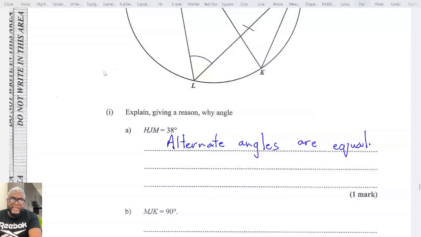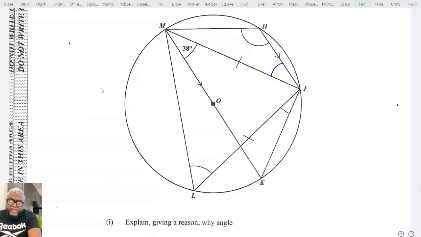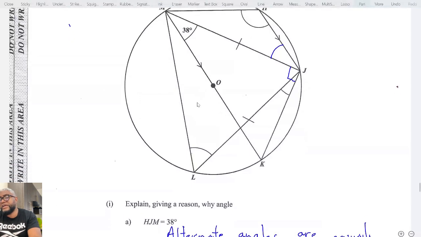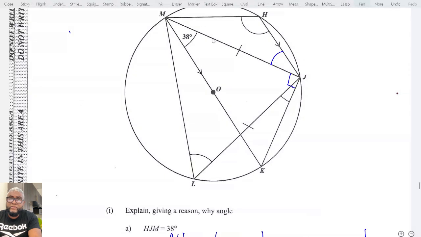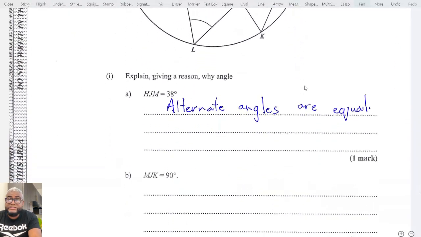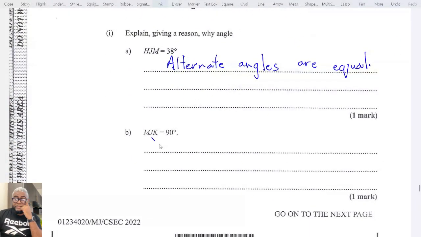And then I guess in MJK, I could probably start to write that one time. Let me just see what is stated, right? MJK. That's this angle here. What's the reason for that, Tristan? Why is that 90 here? Angle in a semicircle is 90 degrees, right?